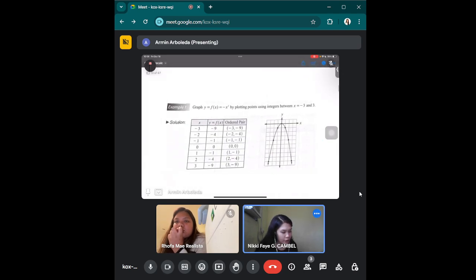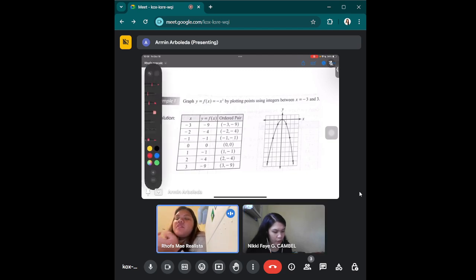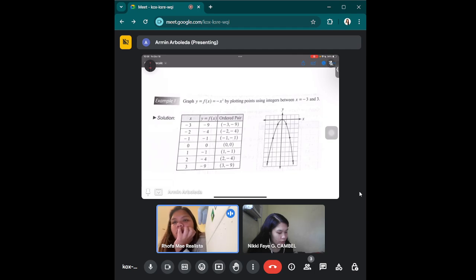Okay. So this time, you have what? Graph the function y equal to negative x squared by plotting the points using the integers between x is equal to negative 3 and 3. So, anong na-notice mo sa graph?